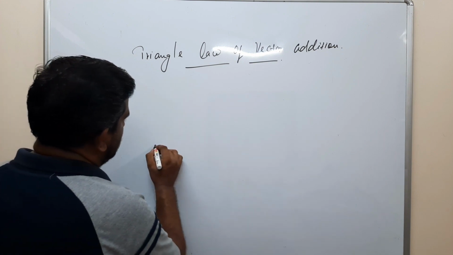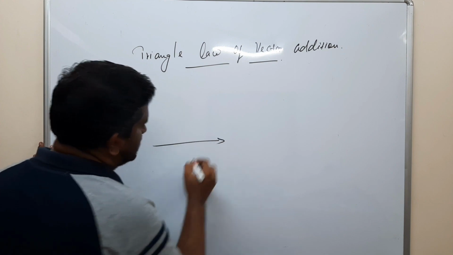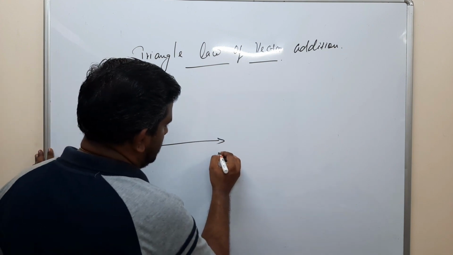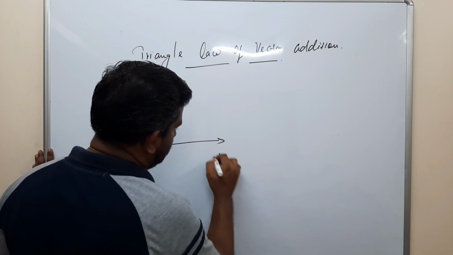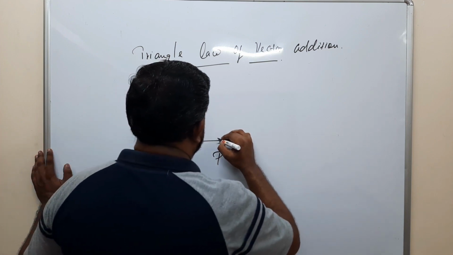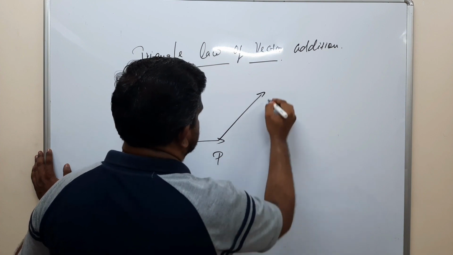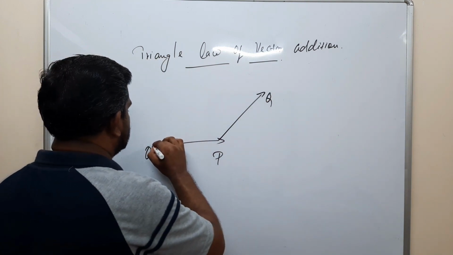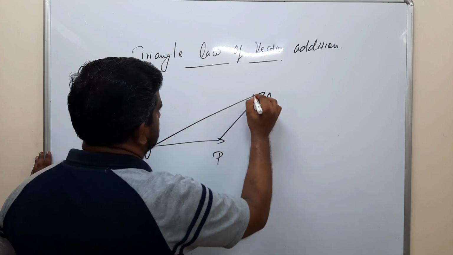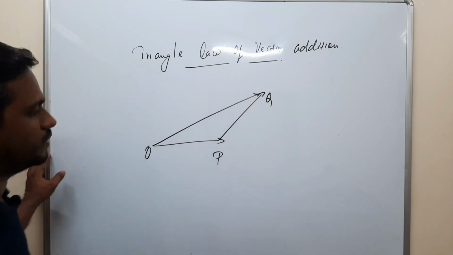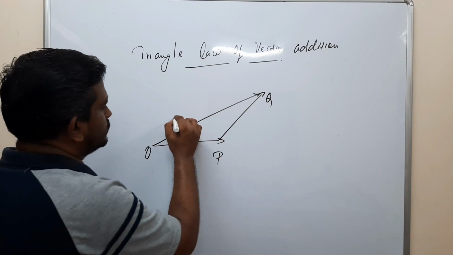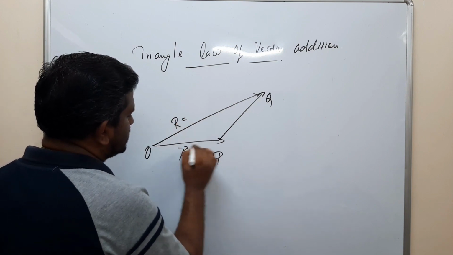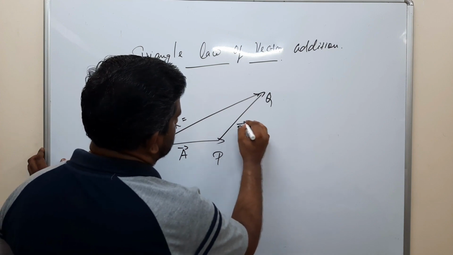If this is a vector OP, and another vector PQ, then the third side, according to this, is R, where this is the A vector and this is the B vector.